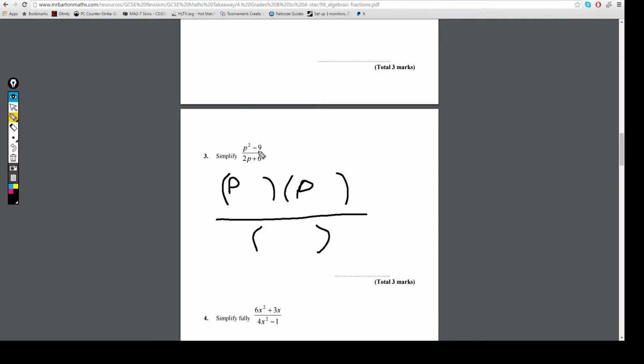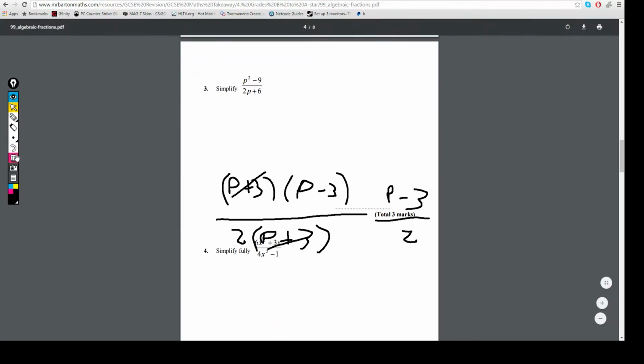And then what times what makes 9, which is 3 times 3, and it's going to be a plus 3 and a minus 3, and then we're going to find something which we can put a 2 on the top here, and we're going to put p plus 3, and as you can see here, those two cancel out, meaning we have p minus 3 over 2. And that's the answer for this question.